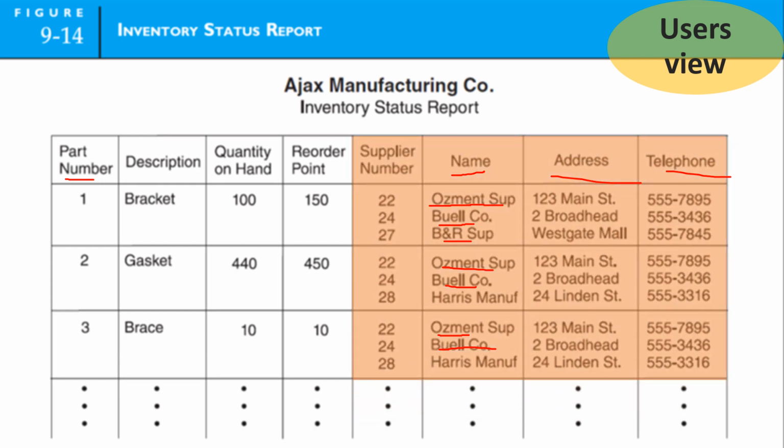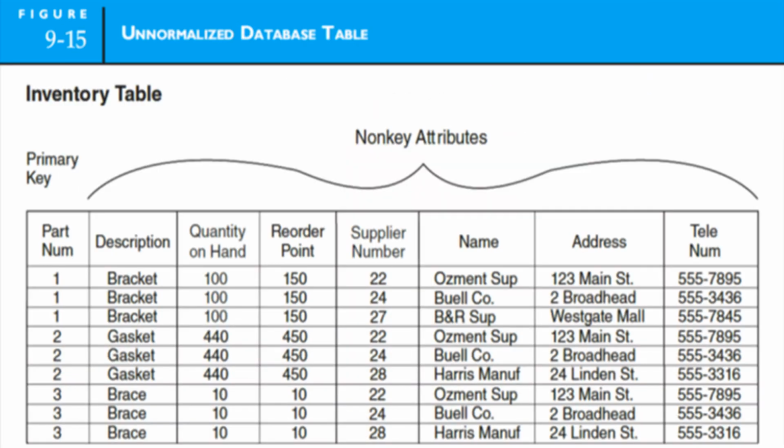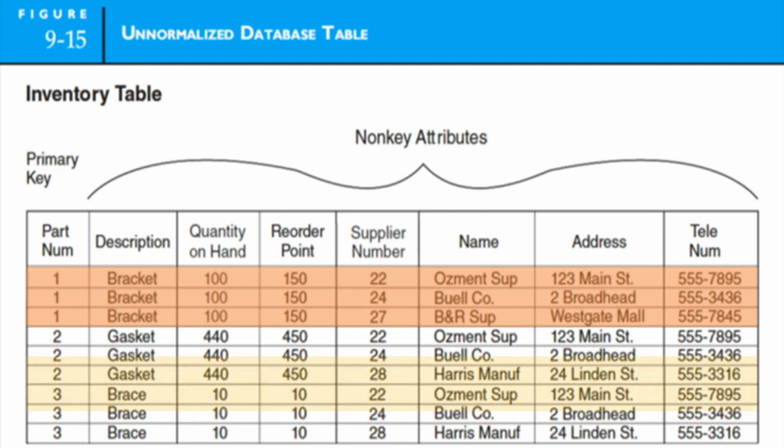Here it explains how non-key attributes are repeated, considered as repeating groups. We have several descriptions for the same supplier names, and also the same supplier numbers here and there.